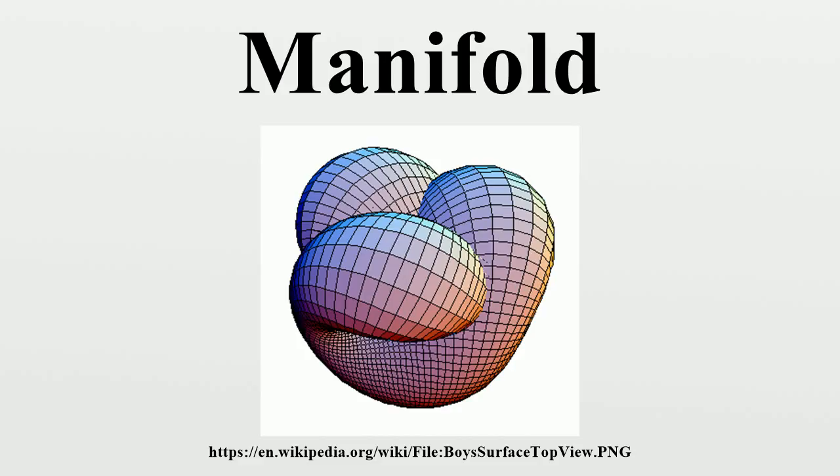Carl Friedrich Gauss may have been the first to consider abstract spaces as mathematical objects in their own right. His theorema egregium gives a method for computing the curvature of a surface without considering the ambient space in which the surface lies. Such a surface would, in modern terminology, be called a manifold, and in modern terms, the theorem proved that the curvature of the surface is an intrinsic property.